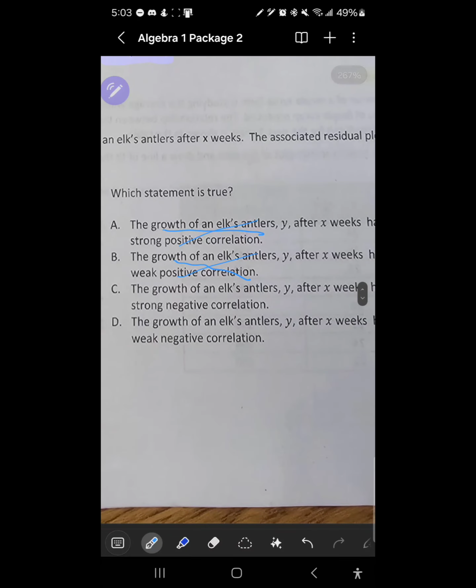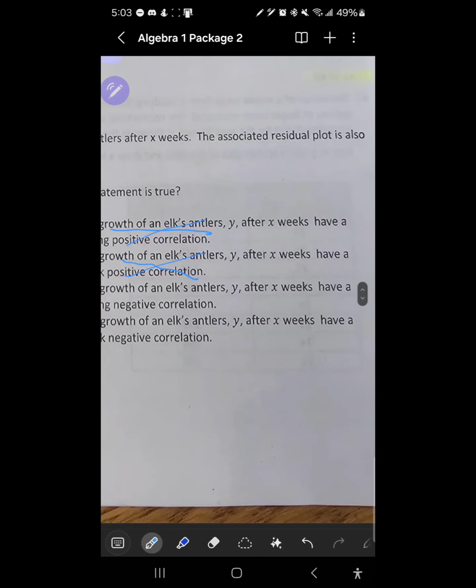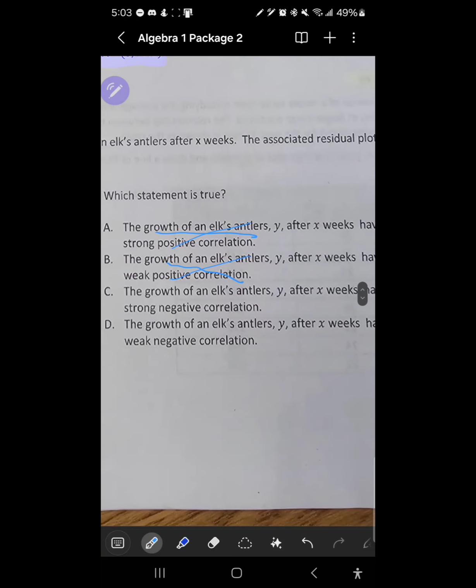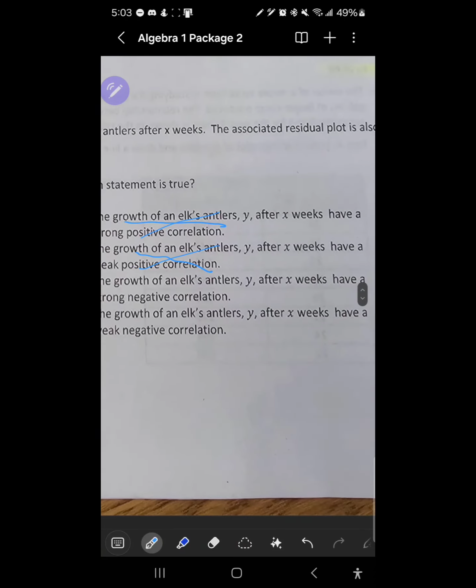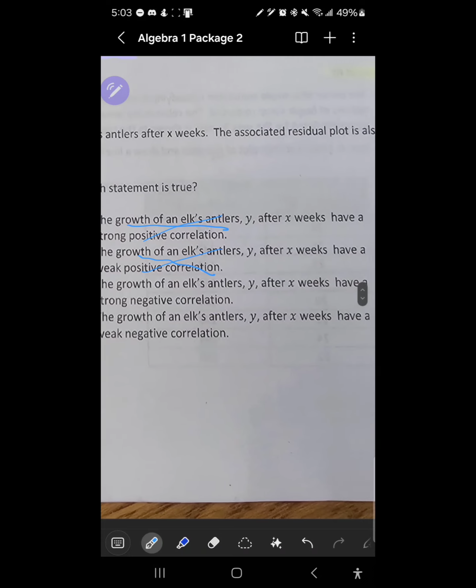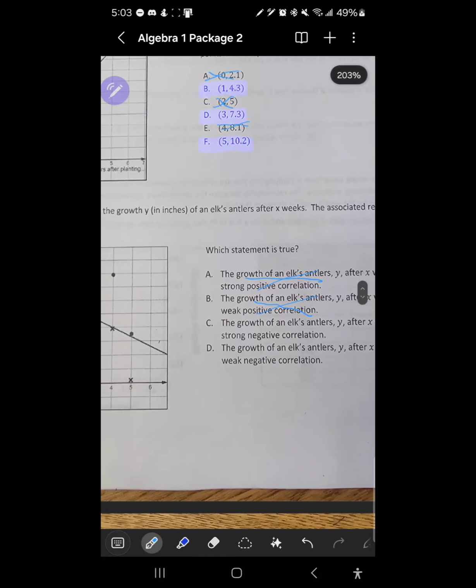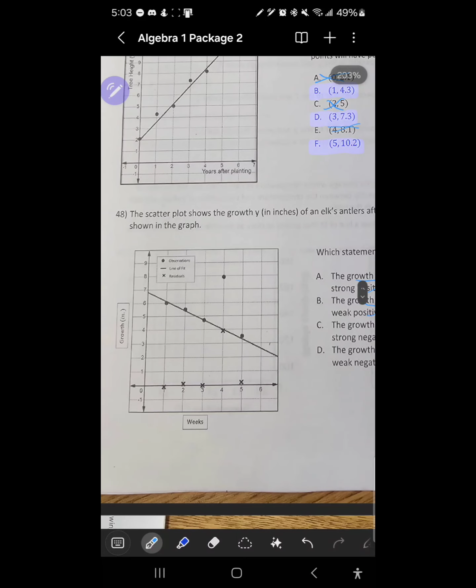The growth of an elk's antlers y after x weeks has a strong negative correlation, or a weak negative correlation. Sincerely, what the meaning of strong and weak is, is that the points are actually nearby the baseline.